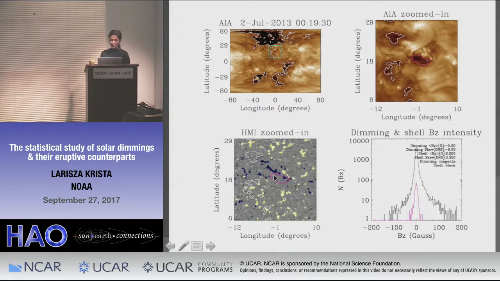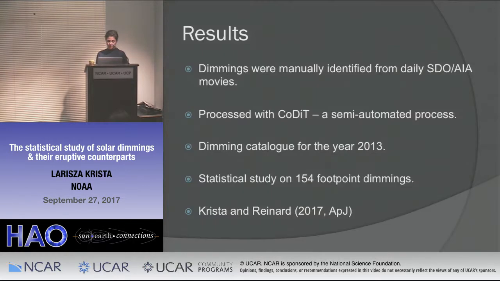Here's the dimming of interest, and then the histogram showing the magnetic field distribution outside the dimming, that's the black line, and inside the dimming, which is the pink line. So over time, you can even create a movie of this histogram changing, and you can follow the pink histogram basically becoming more unipolar. You can see how this dimming changes in its magnetic field.